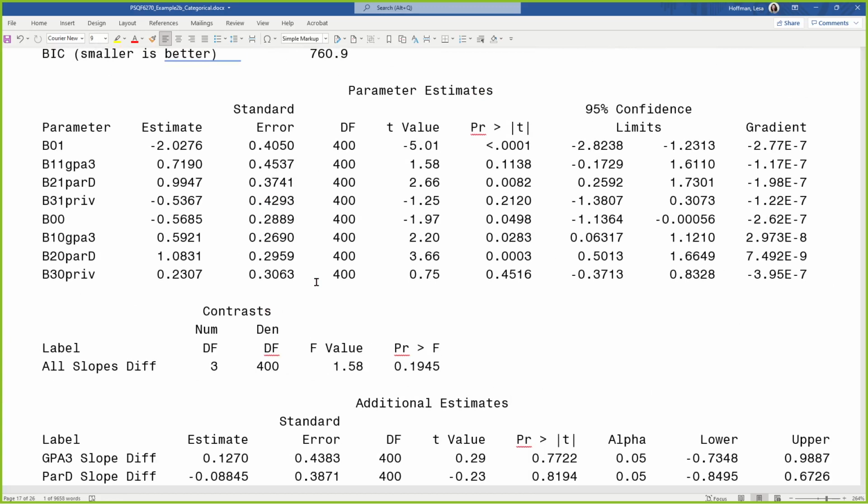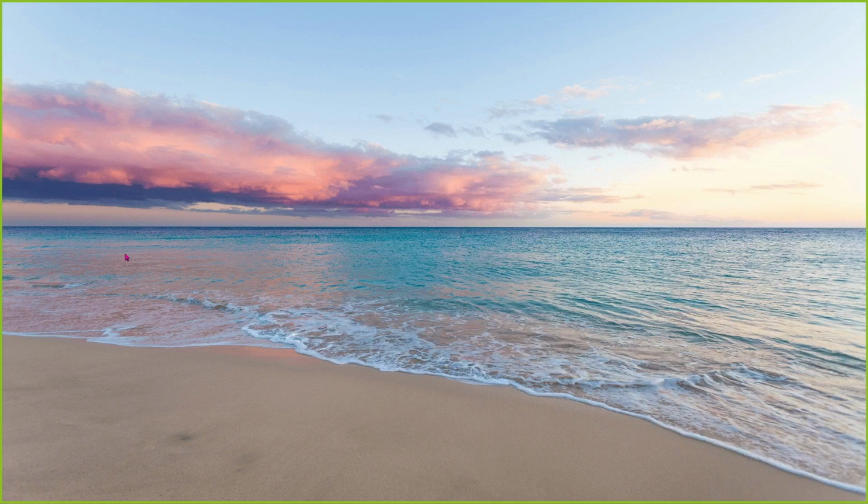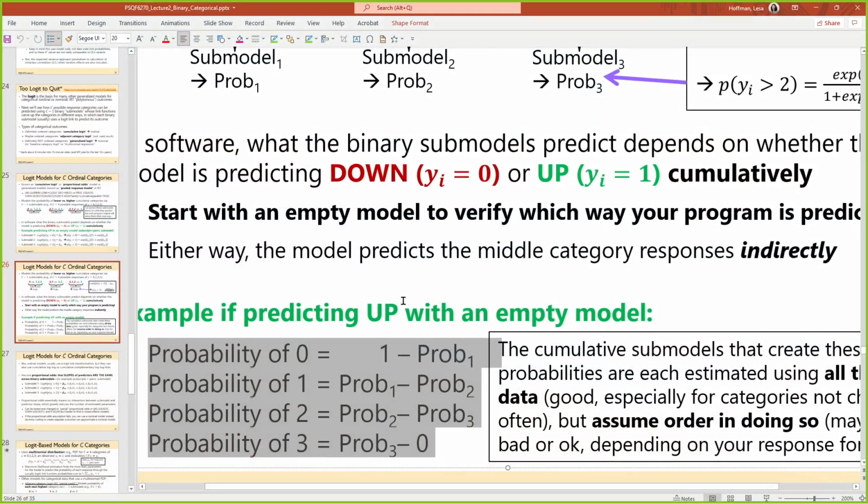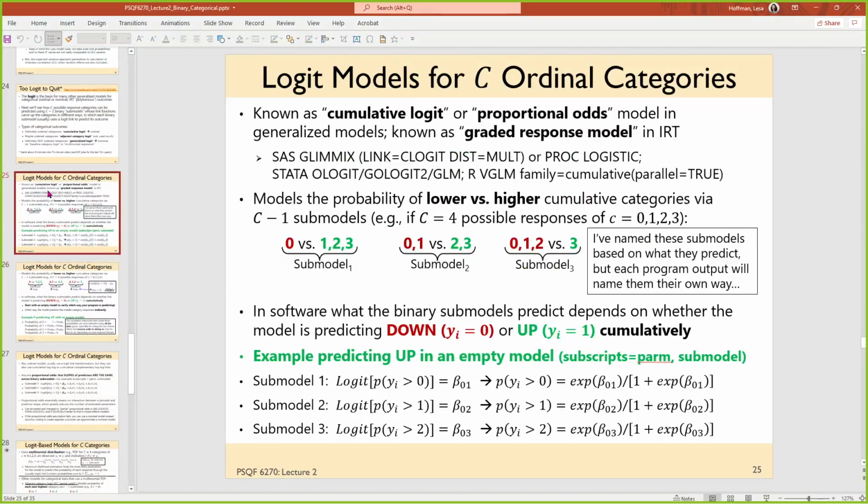Yes, sir. So with the ordinal regression models, you said that was graded response in IRT? Yes, it is. And then the nominal is partial credit? Nope. Adjacent category is partial credit. Adjacent category. Yep. So the translation into the world of IRT is, let me see here.